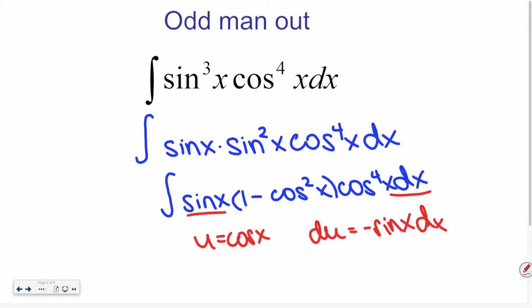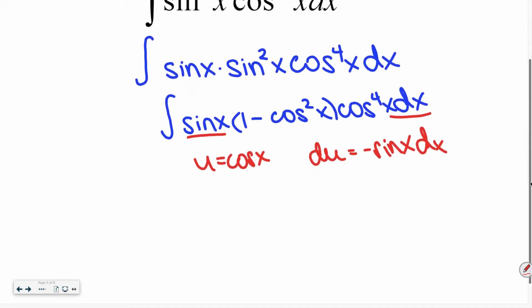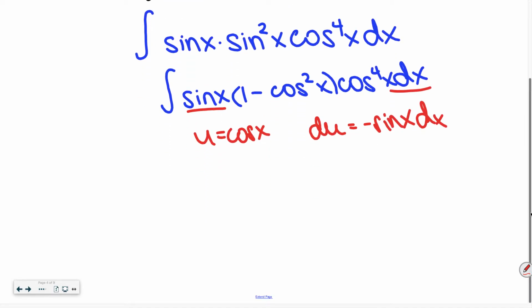And everything else we can write as u's and du's. Okay? So what we can write is that we have the negative integral. Sine of x dx turns to du. And then we have 1 minus u squared times u to the 4th.